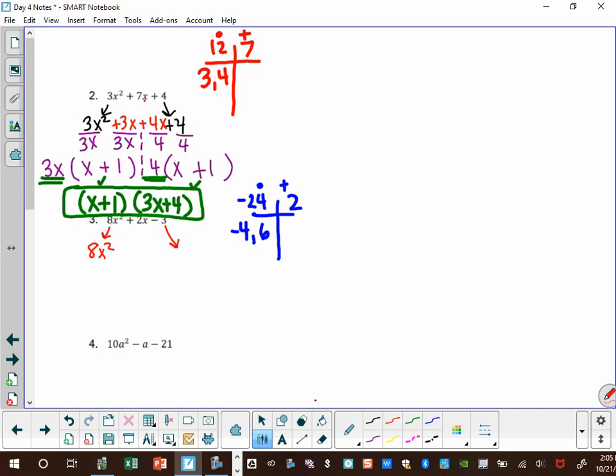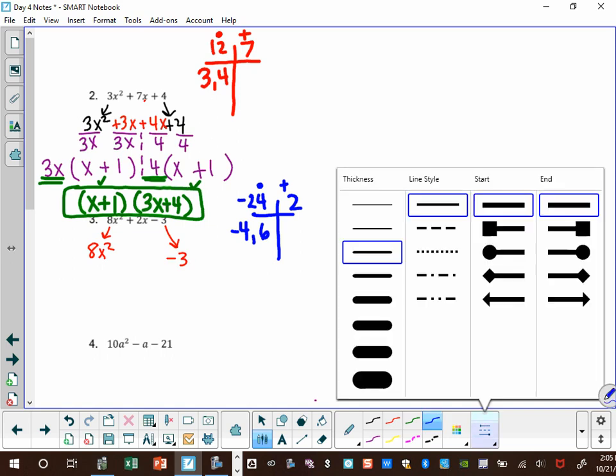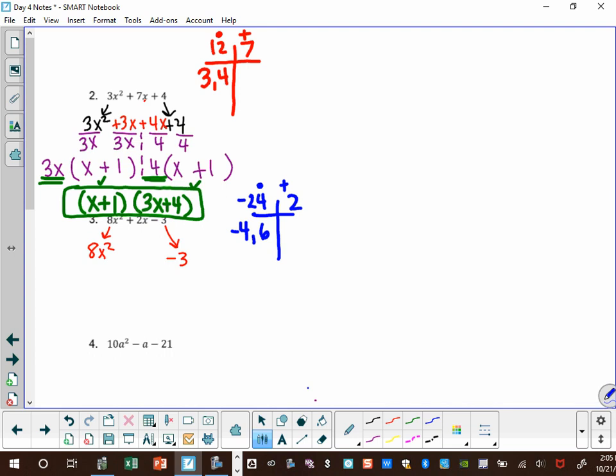And -3 drops down. What goes in the middle? -4x and +6x. You can have those flipped around if you want to. I always put my negative first, so I don't have to remember to pull it out of my GCF. So I always put -4 first, or the negative number.